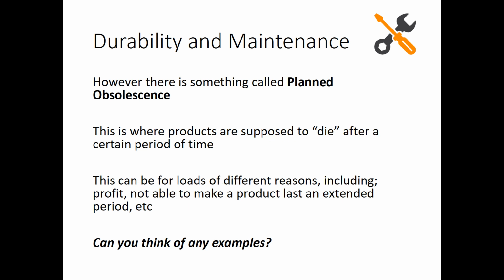However, there is something called planned obsolescence. This is where products are supposed to die after a certain period of time. This can be for loads of different reasons, including profit, or not being able to make the products last an extended period. A great example of that, which most of you have, is smartphones.